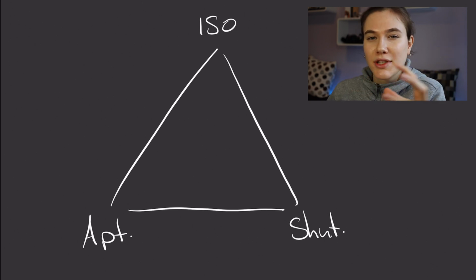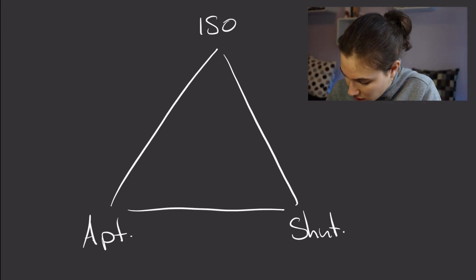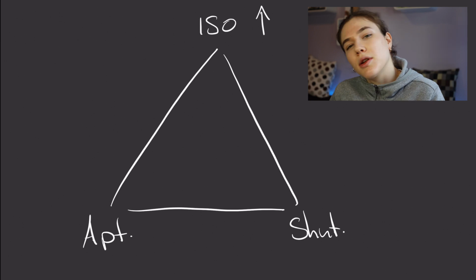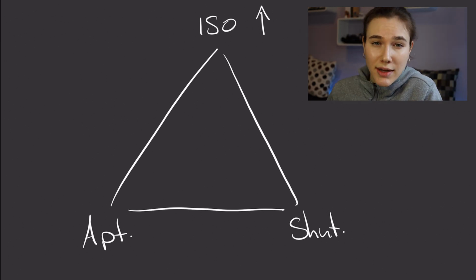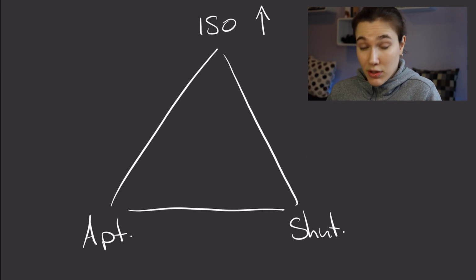Well, if you're about to take a photo, you want to think about what's the most important aspect of your photo. So let's say you're working in low light conditions. You might start with increasing your ISO. So now you're adding some of that artificial light, and naturally your subject is going to be better lit.